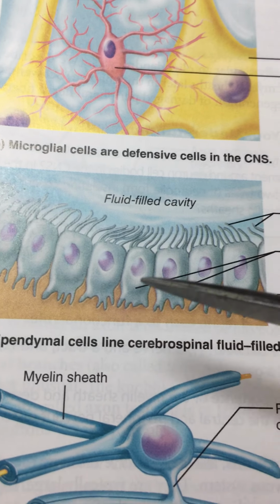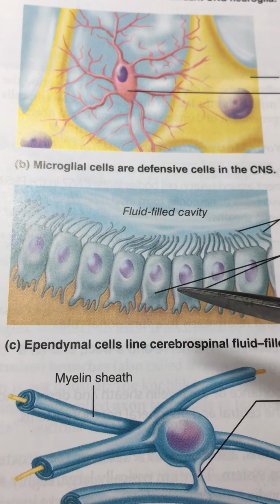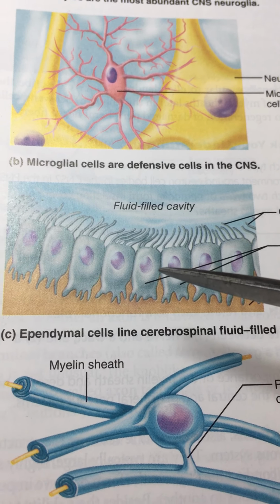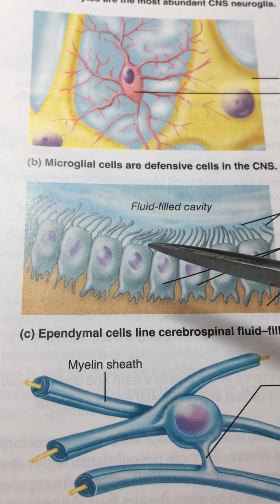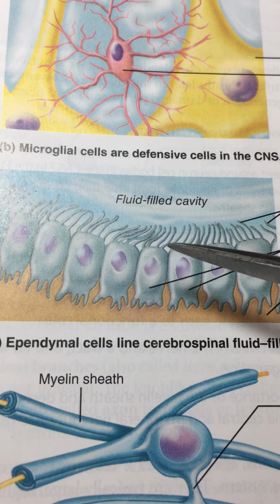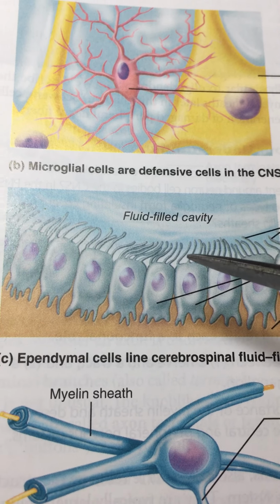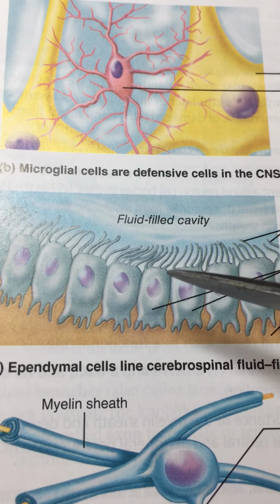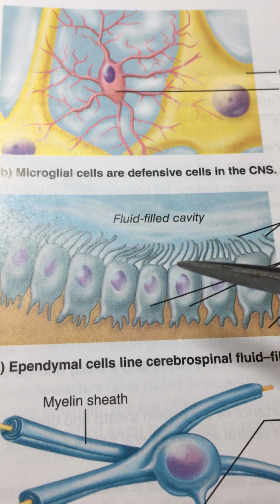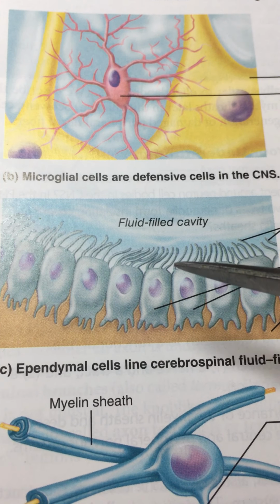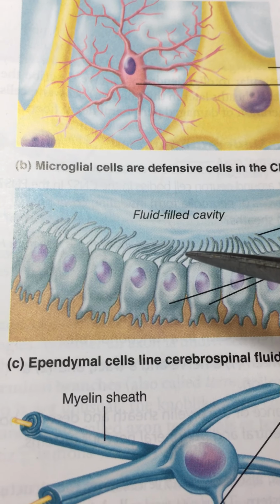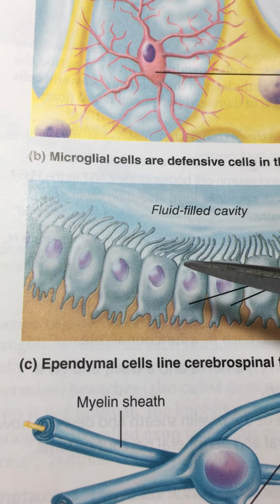Then we have the ependymal cells. These are interesting because they line the fluid-filled ventricles, and they have these little hair-like devices called cilia that have automatic beating in a particular direction. They're quite organized, and they cause flow to go from the lateral ventricles to the third ventricle to the fourth ventricle to the subarachnoid space.